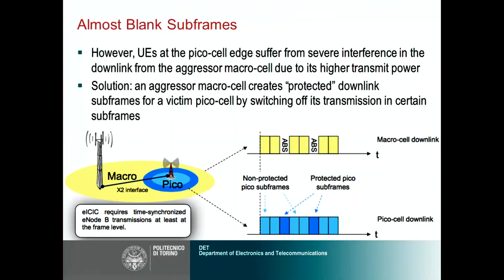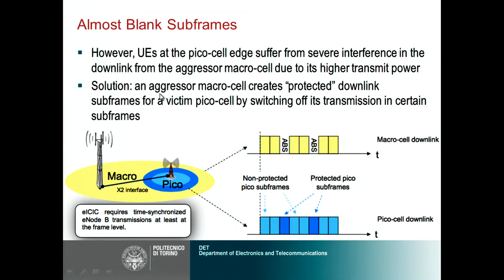These same low power subframes will be transmitted also in other directions, and they will also be transmitted in the direction of the picocell. If I have users nearby, close by, I can serve them, but the ones in the picocells will not be affected and interfered with by the macrocell almost blank subframe.